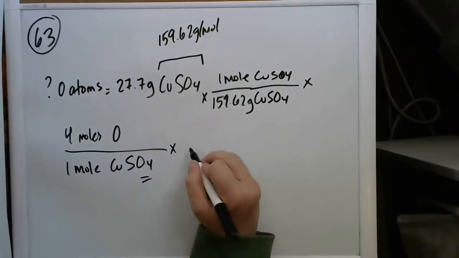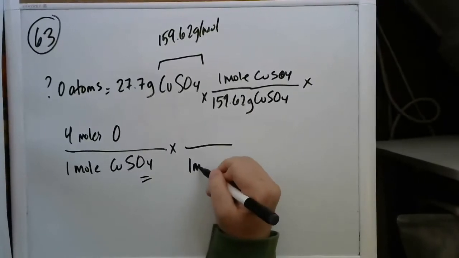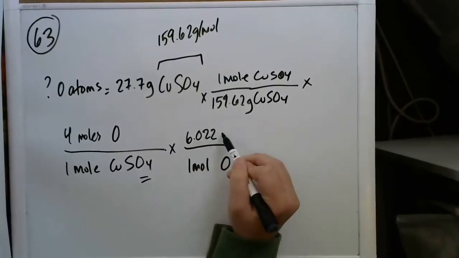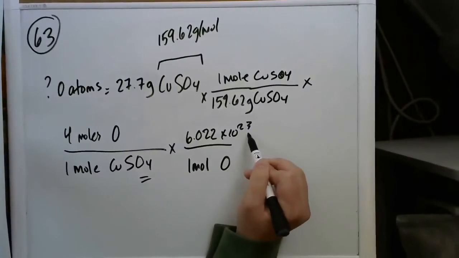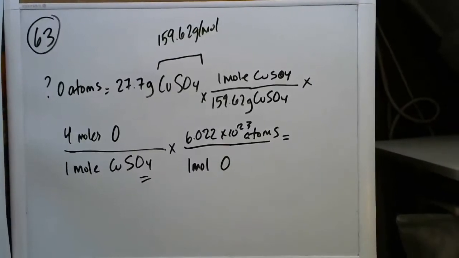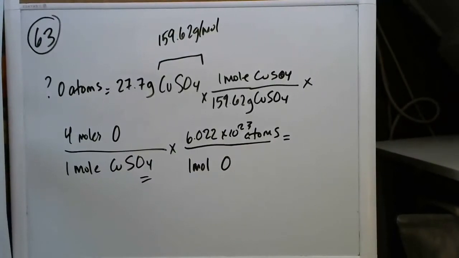Okay. And then every 1 mole of oxygen has Avogadro's number of atoms. So calculator stuff.